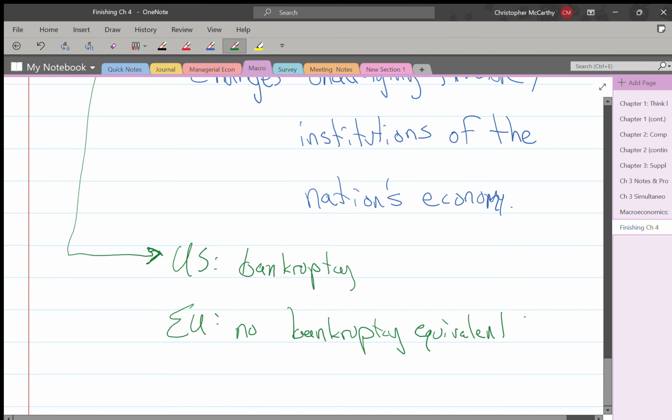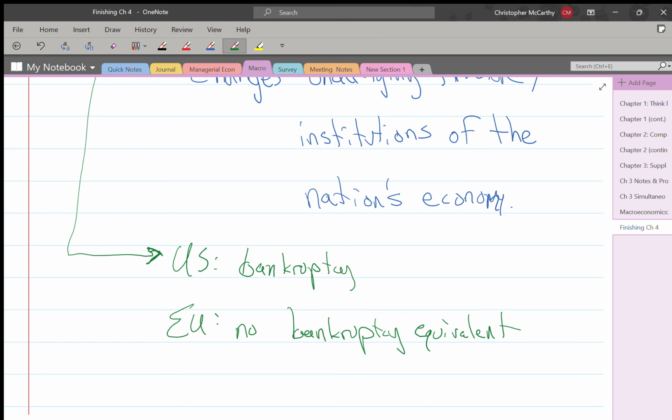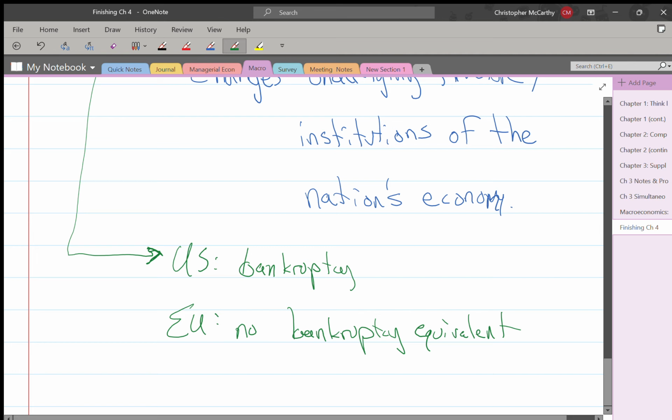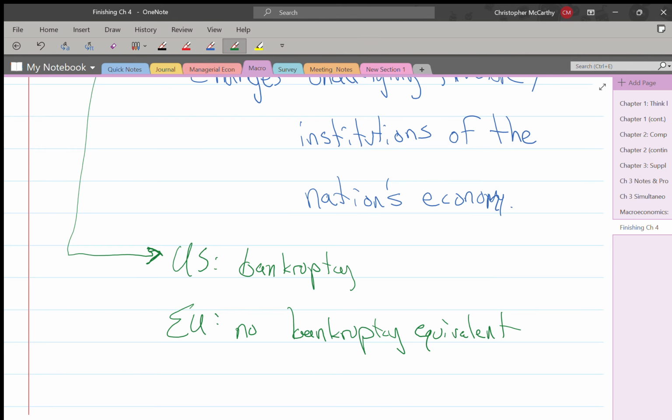And one of my good friends wrote his dissertation on how he believes that's part of the reason why small business growth and entrepreneurship and innovation is really stifled in the Eurozone compared to the United States. Because in the United States, you can take a big risk and lose it all and then wipe it all clean and start over. You can't do that in every other country, right? That's a structural policy that we have in place.